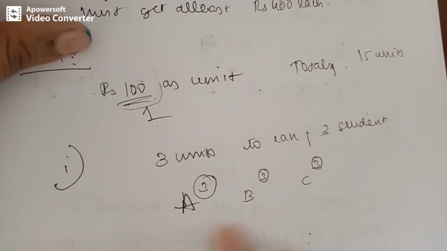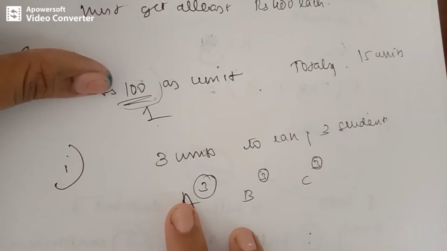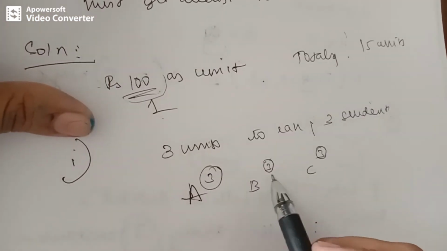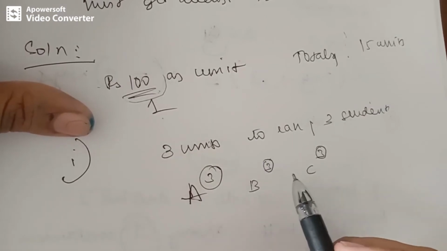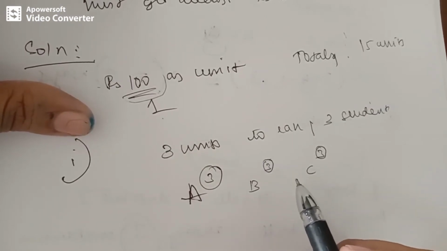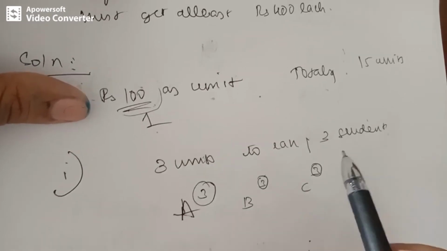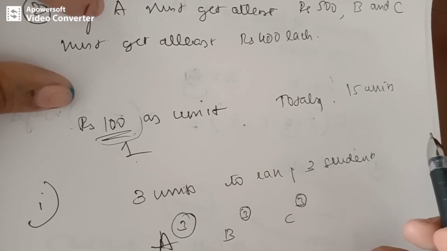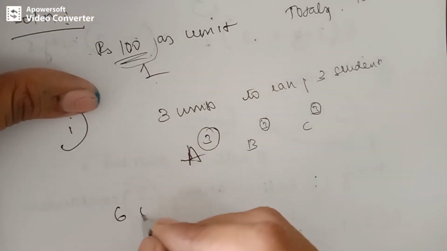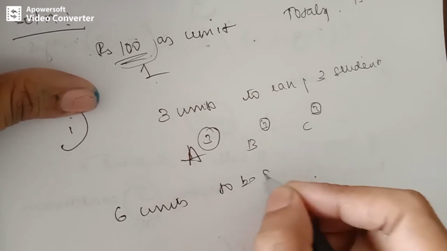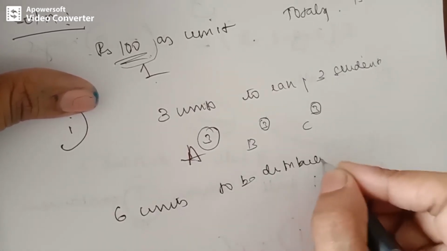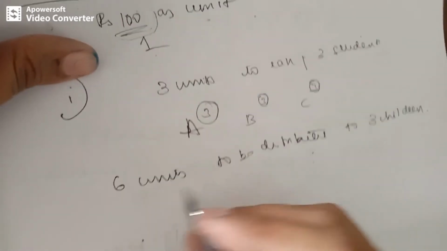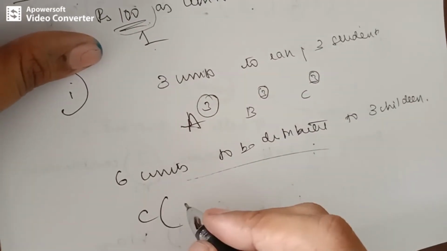So 9 are already distributed among 15. So the remaining 6 units are to be distributed to those 3 children, right? This is what we have to find out, the number of combinations.